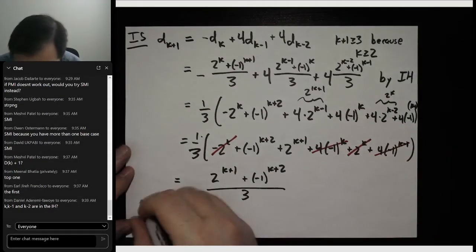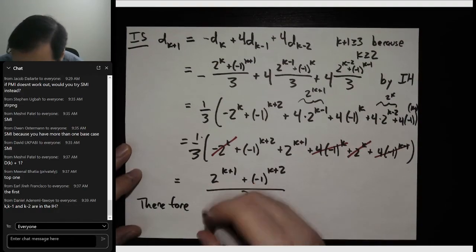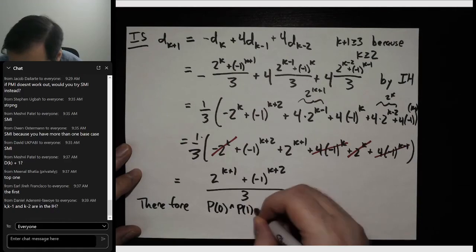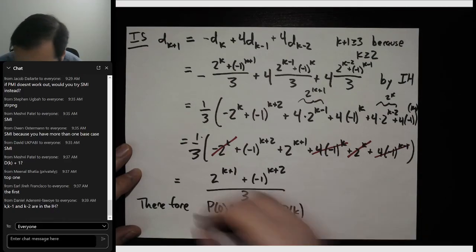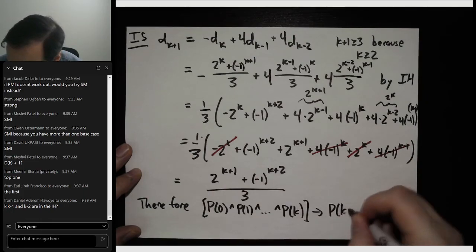So therefore, assuming p of 0 and p of 1 and all the way up to p of k, all of these together implied p of k plus 1.